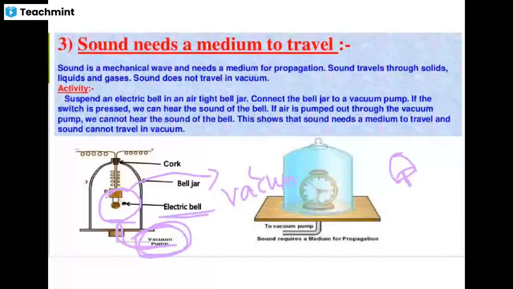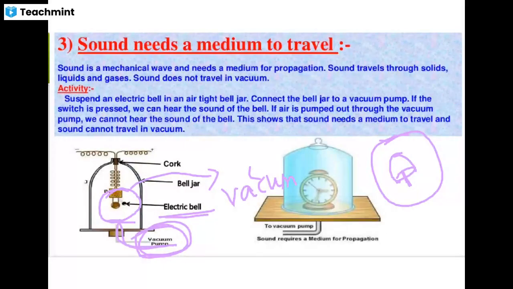Okay, you should take it and put it in a balloon. You will easily get a balloon. Put the bell inside that balloon, blow air inside the balloon, tie it tightly, and then vibrate it.